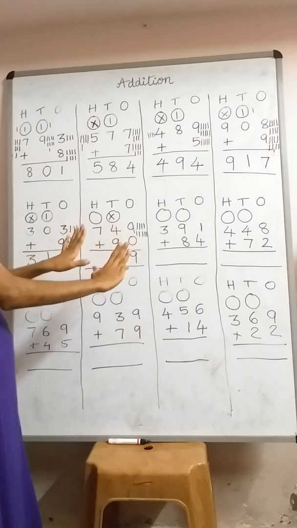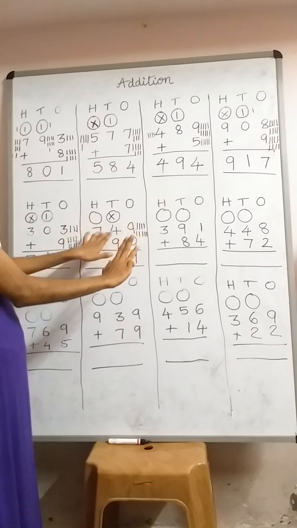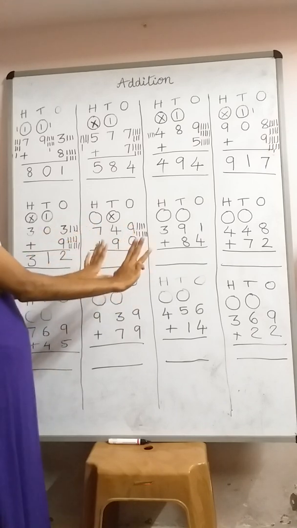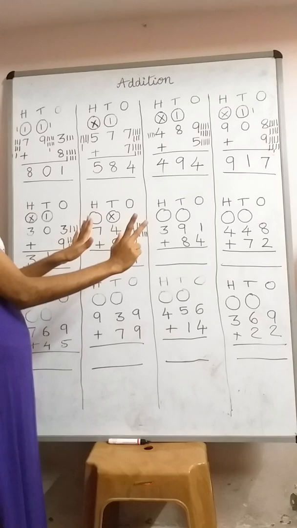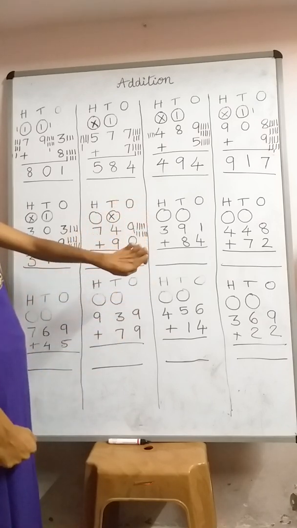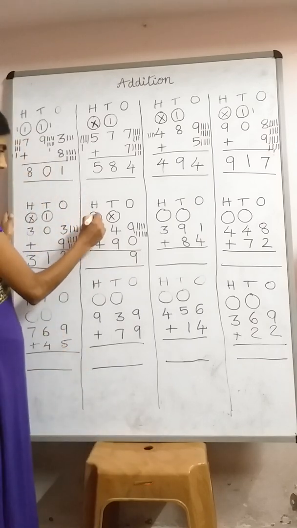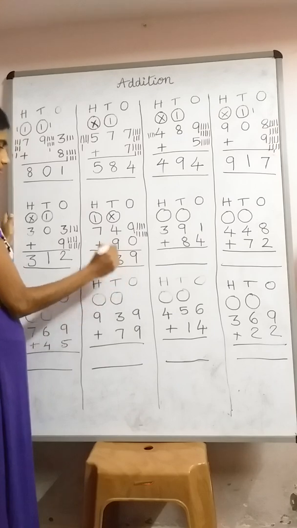So open your 9 fingers. So after 4, what should you say? After 4 you need to count 9 fingers: 5, 6, 7, 8, 9, 10, 11, 12, 13. Children, how much did we get? 13. So carry 1, write here 3.